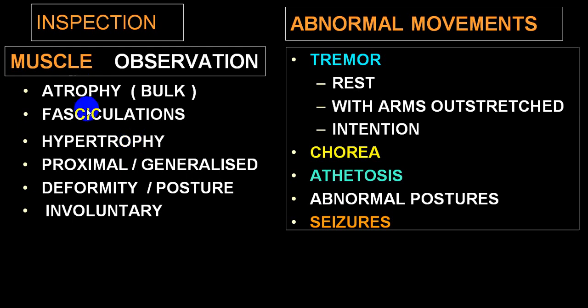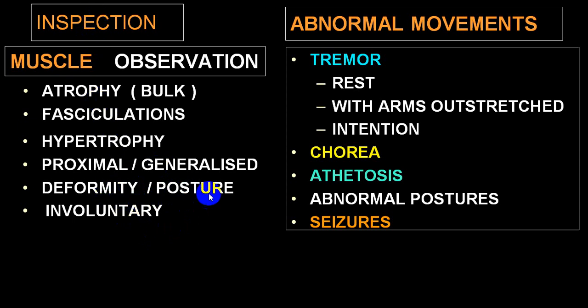And whenever the muscle is involved, whether it is proximal or generalized or distal muscles, is there any deformity? Is there any abnormal posture? Is there any involuntary movements? These are all seen on inspection.